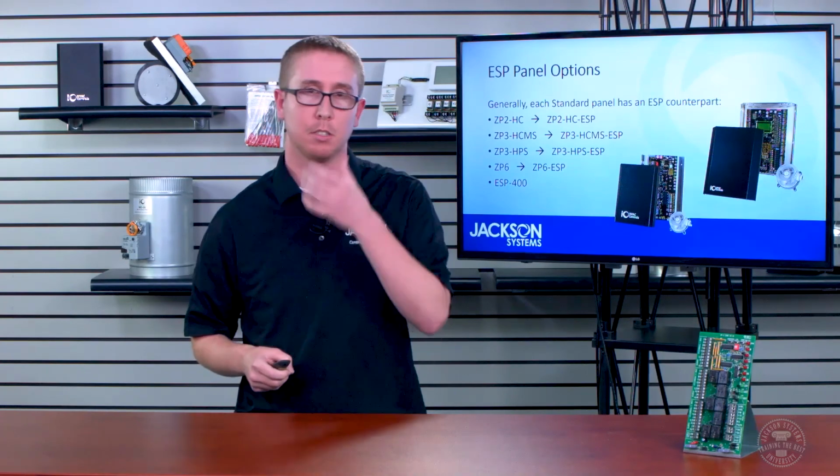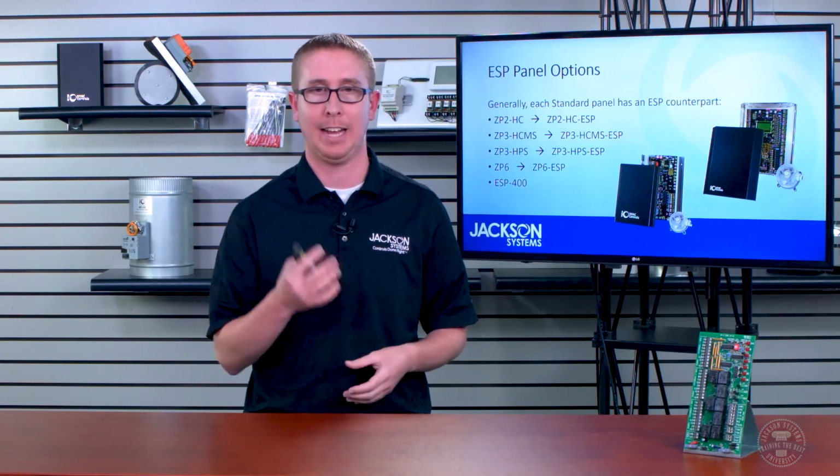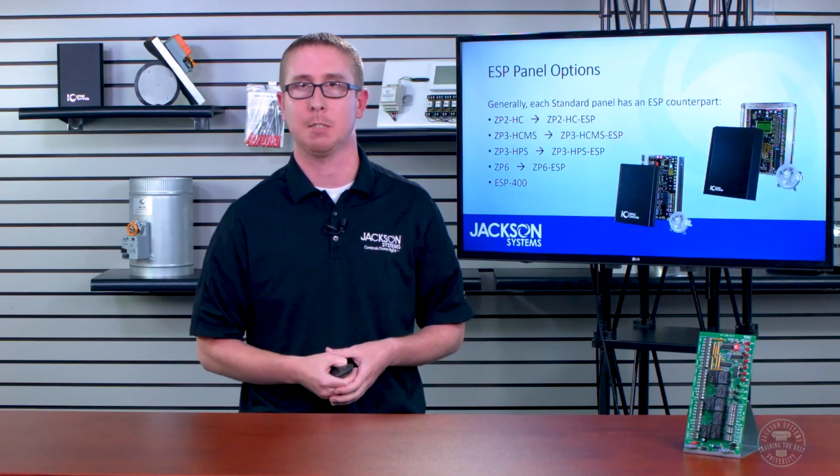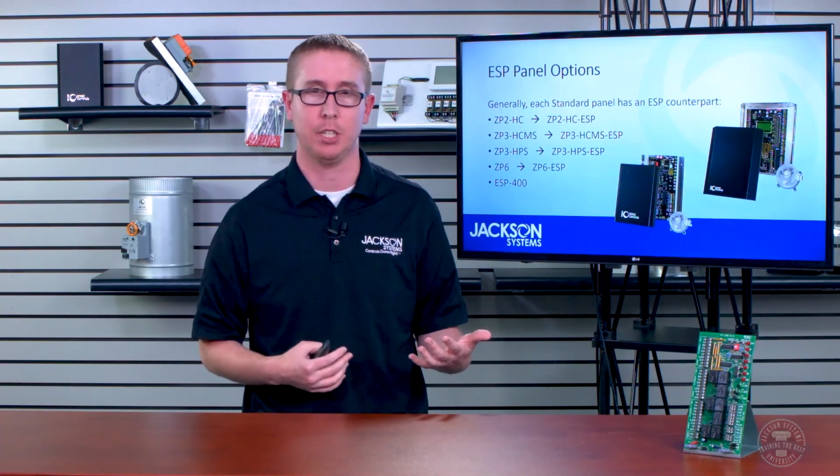ESP panel options. So the ESP panel is made by IO Controls. So every IO Controls panel kind of just has an ESP counterpart, so to speak. The last one that you'll see there is the ESP 400. That panel is for a retrofit application.